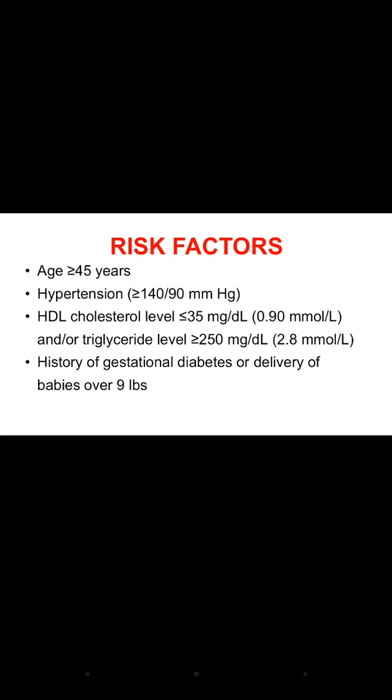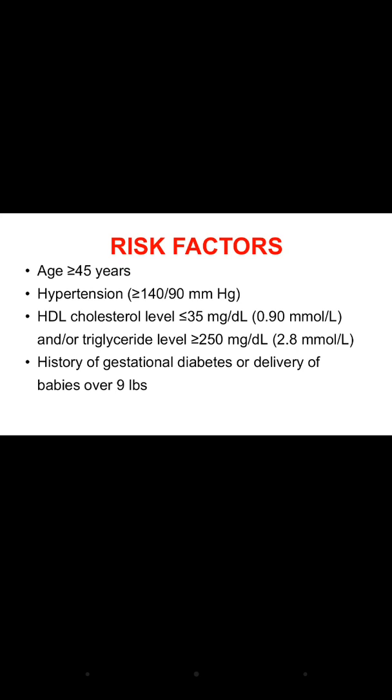Then history of gestational diabetes or delivery of babies who are over 9 pounds. So if there is a history of diabetes in the previous pregnancy, where the mother developed diabetes mellitus in the pregnancy period only, she was not having diabetes mellitus before, but during the pregnancy only she developed this gestational diabetes.